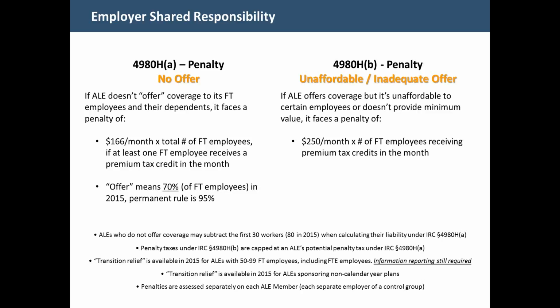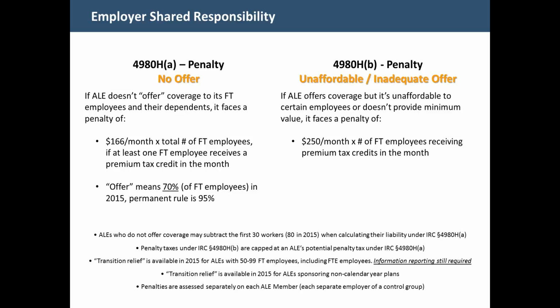Under the A penalty, if an ALE doesn't offer coverage to its full-time employees and their child dependents, it faces a penalty of $166 per month times their total number of full-time employees, if at least one full-time employee receives a premium tax credit in the month or an exchange subsidy.